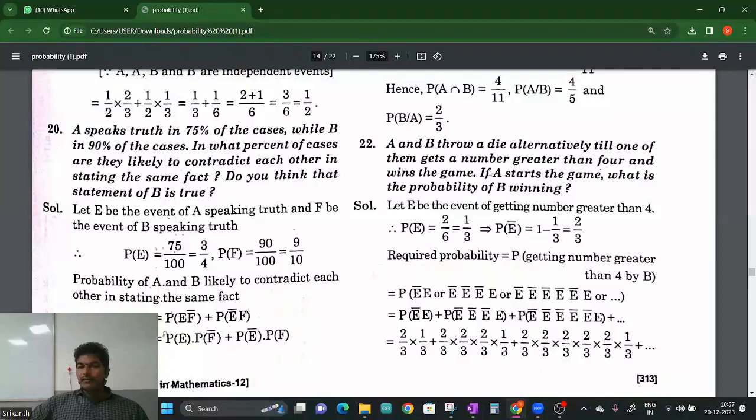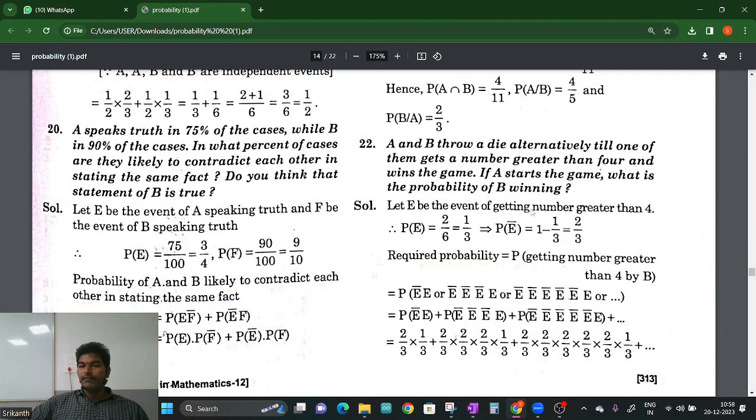So they considered that a number greater than 4 wins the game. That is the condition there. If A starts the game, who starts the game? A. What is the probability of B winning?